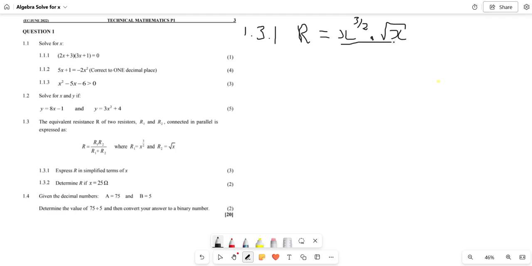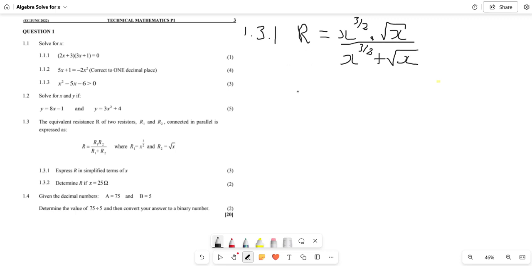Everything here all divided by x to the power of 3/2 plus the square root of what? Of x.